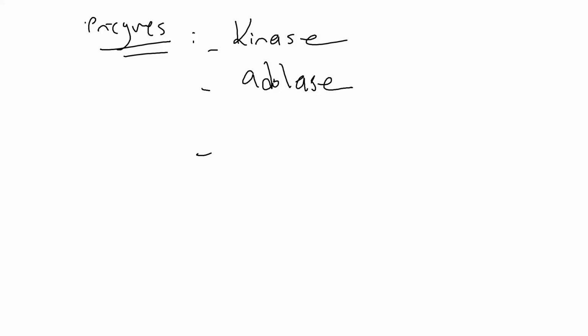Perfect. Okay, so we have kinase, we have the adenylase, we have the isomerase. By the end of glycolysis, we will speak about the yield of everything produced, so don't worry about it. And we have the mutase.